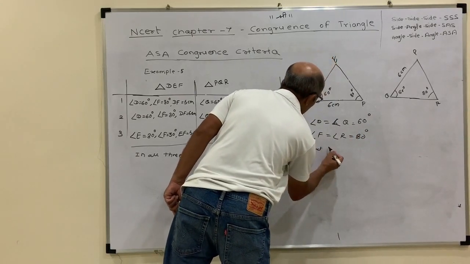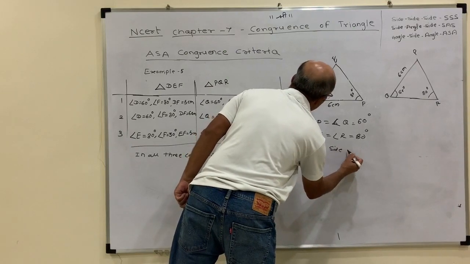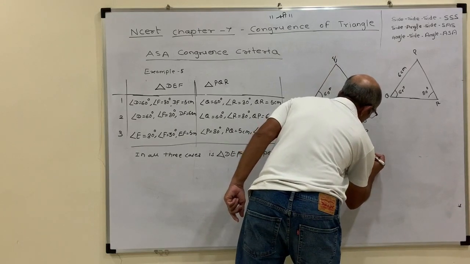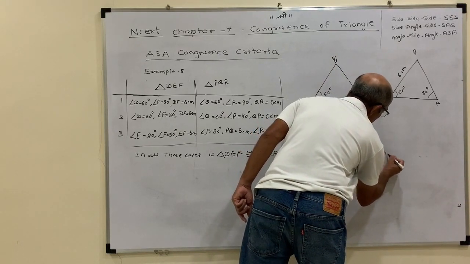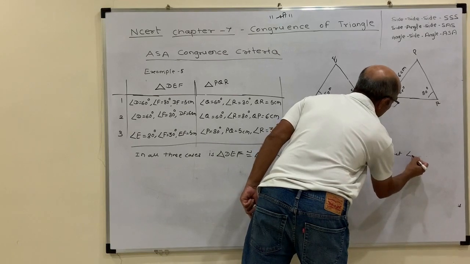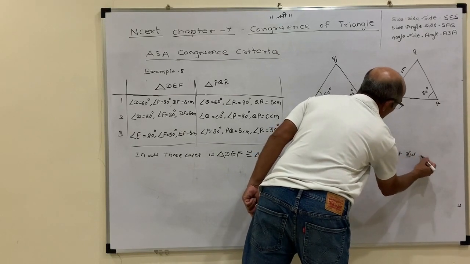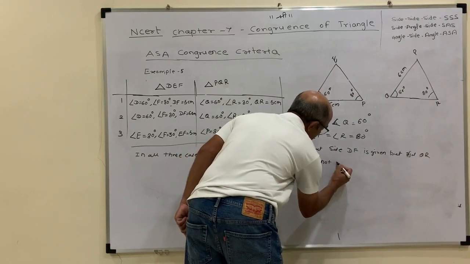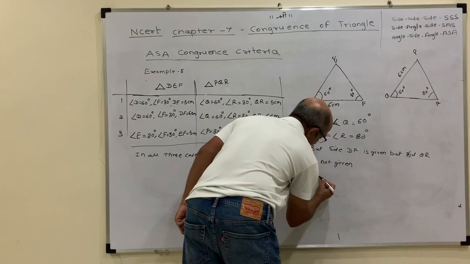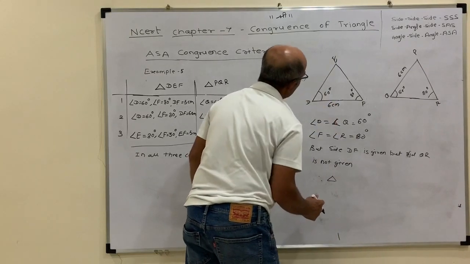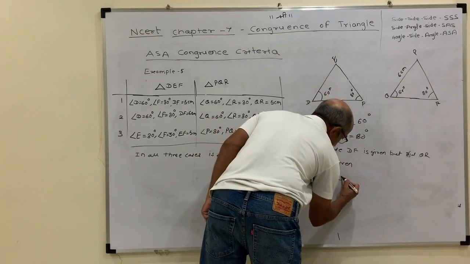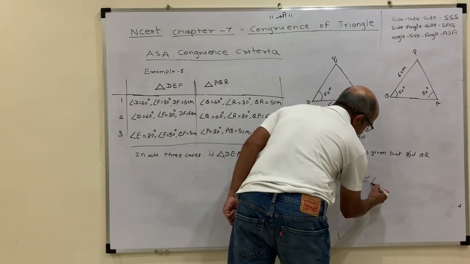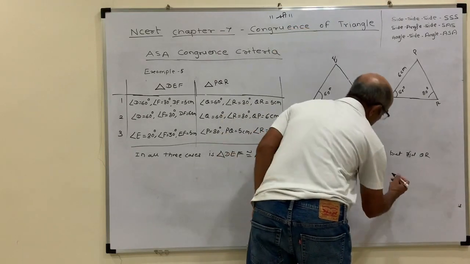But side DF is given, but side QR is not given. Therefore, triangle DEF is not congruent to triangle PQR.